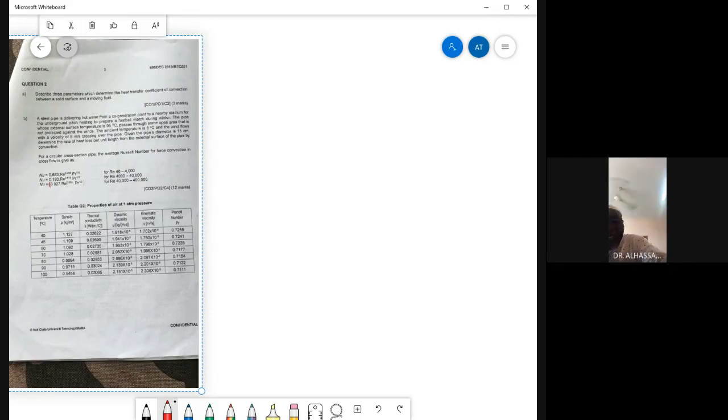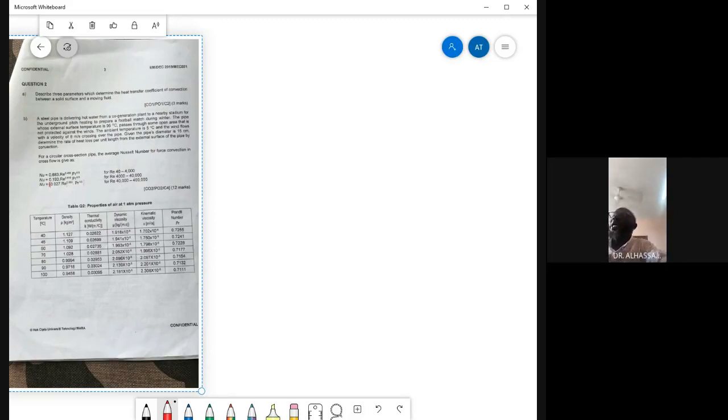So h depends largely on the fluid properties, namely the density, viscosity, thermal conductivity, and so on. It also depends on the type of flow. If the flow is turbulent or laminar, then the value for h is going to be different. Similarly, it also depends on the geometry, the shape.